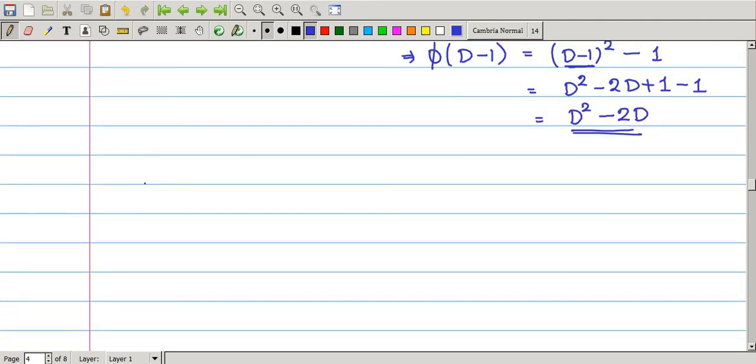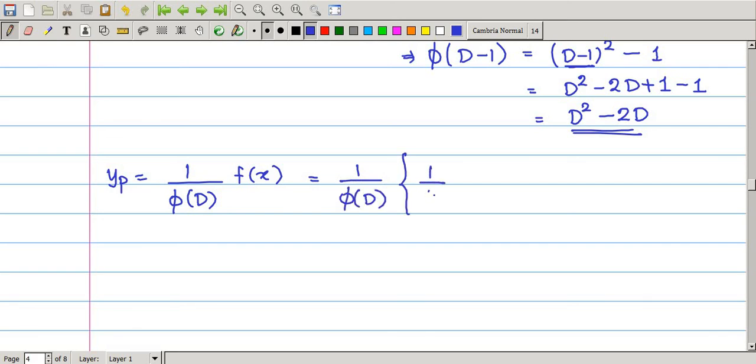Now we are ready for calculating the particular integral. As the formula for the particular integral is, we have to operate the auxiliary equation on f of x. And our f of x is 1 upon 2 times e raised to x into cos x plus 1 upon 2 times e raised to minus x into cos x.